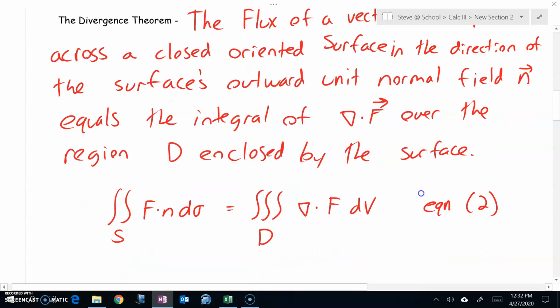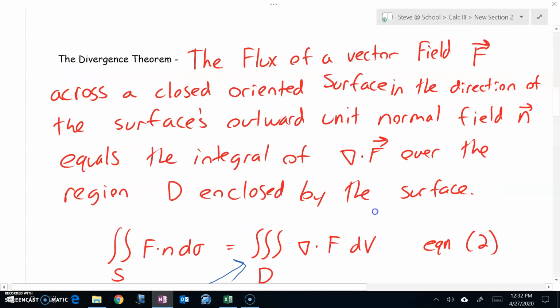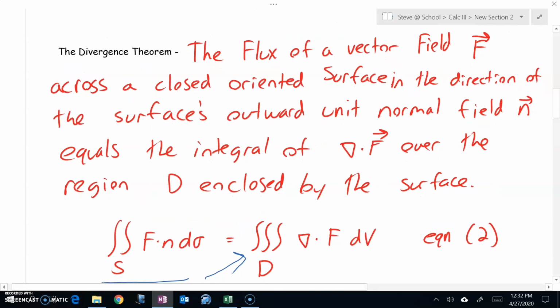So what we're basically doing is turning the flux integral into a triple integral of divergence, and those are the same thing. And sometimes it's way easier to do that. Again, you can pause the screen here to get everything, and then I will be moving on.